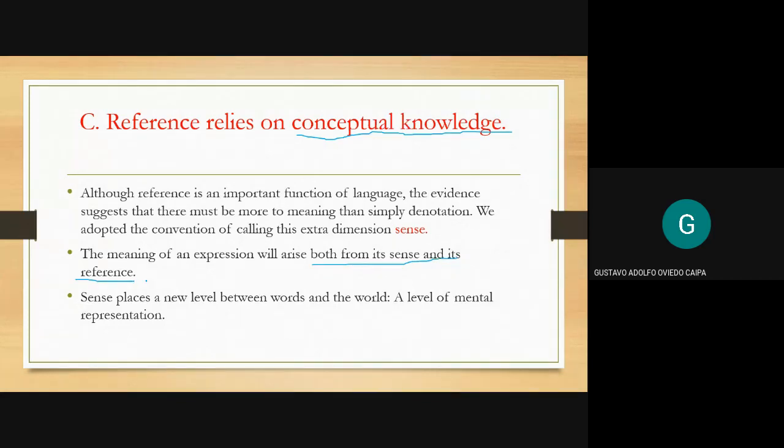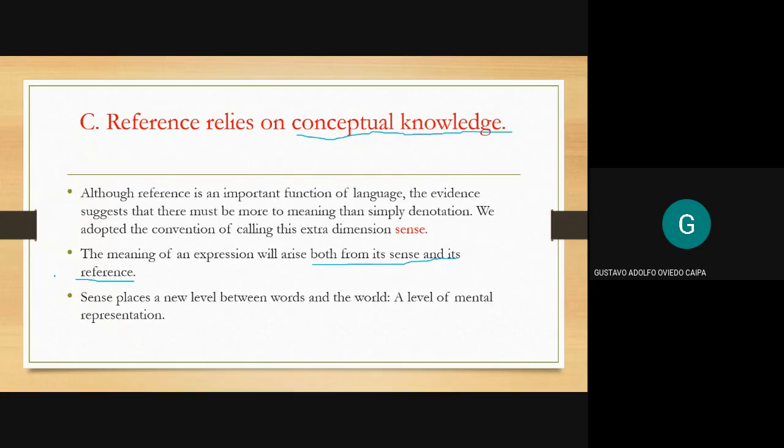I told you one time that we are not trying to solve the debate between referential theories and representational theories, right? I told you that some linguists were divided between these two, but we are not trying to solve any debate.